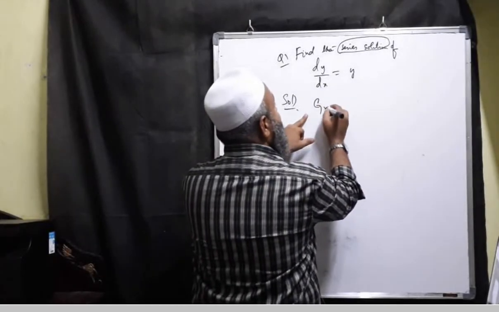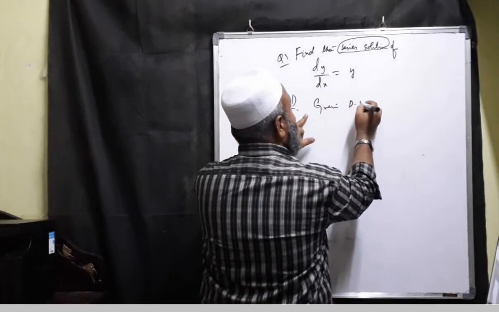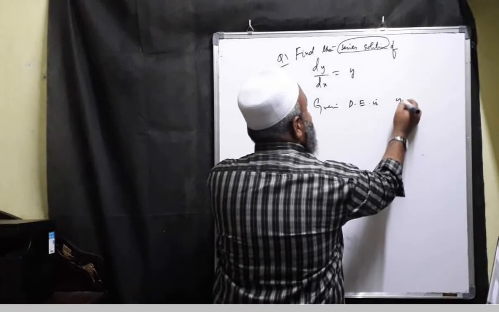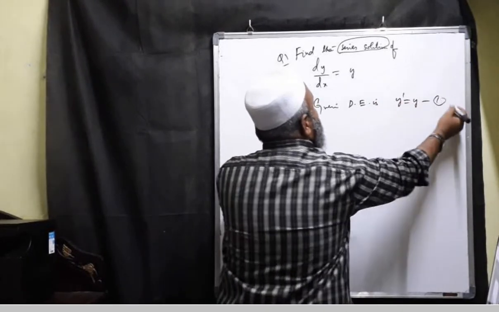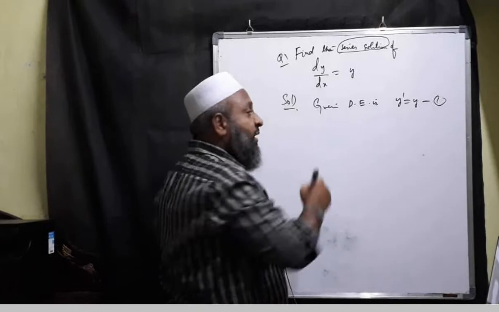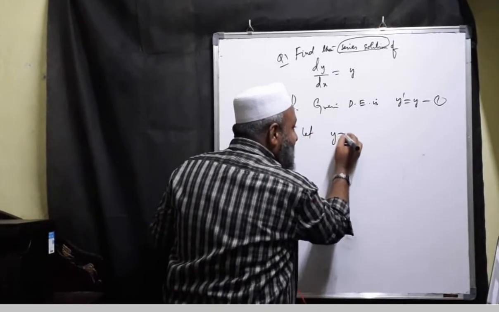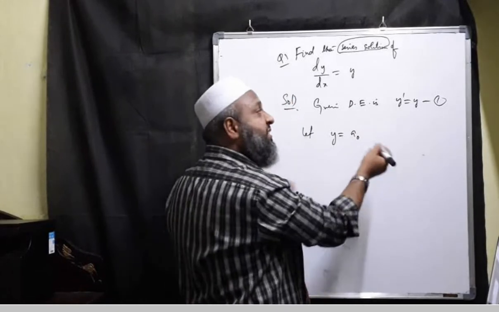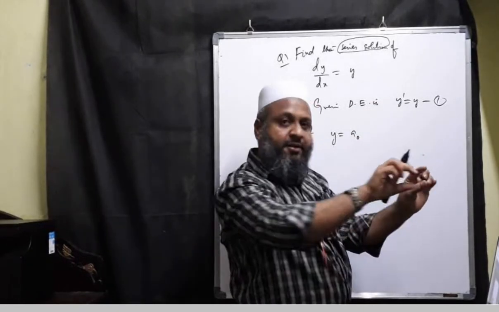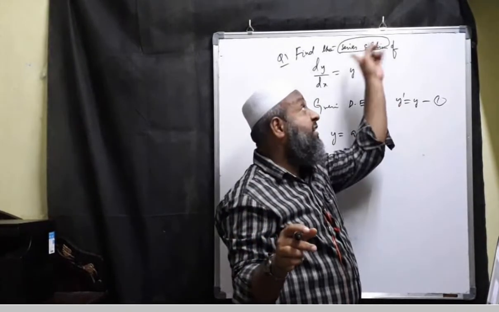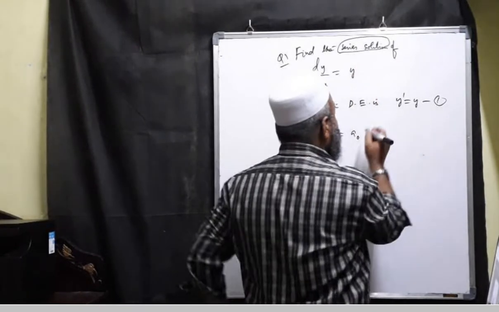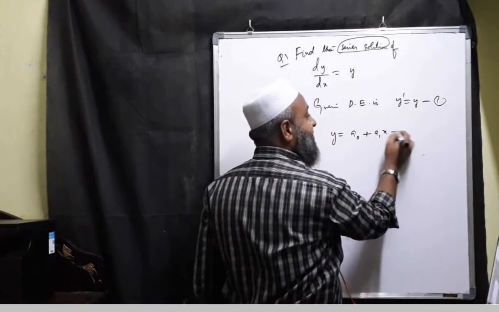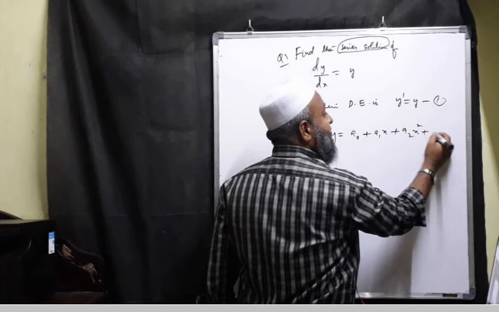The given differential equation is y dash is equal to y, equation number 1. Let y be equal to, since we do not know what infinite series is the solution, the general format, assuming that it is about the origin, since it is not given: a0 plus a1x plus a2x square and so on.